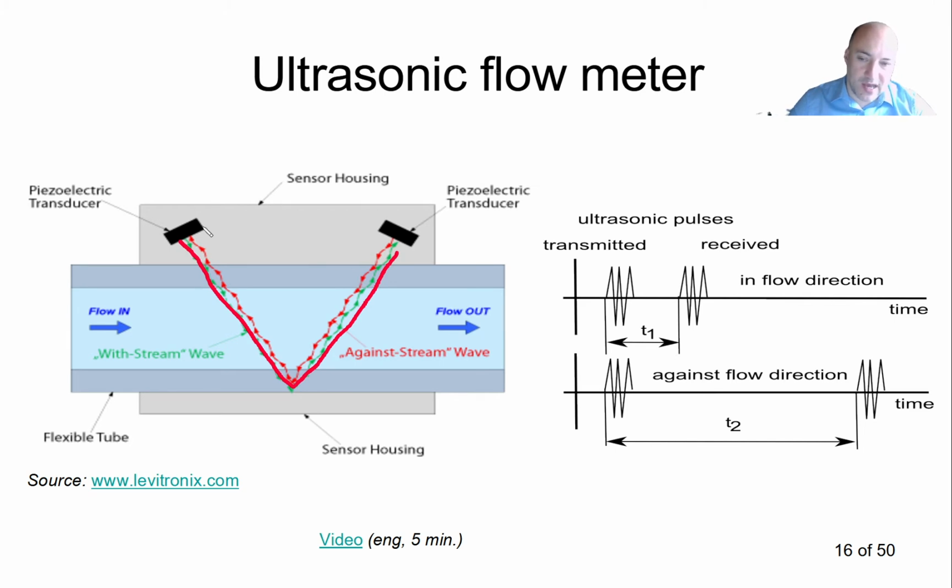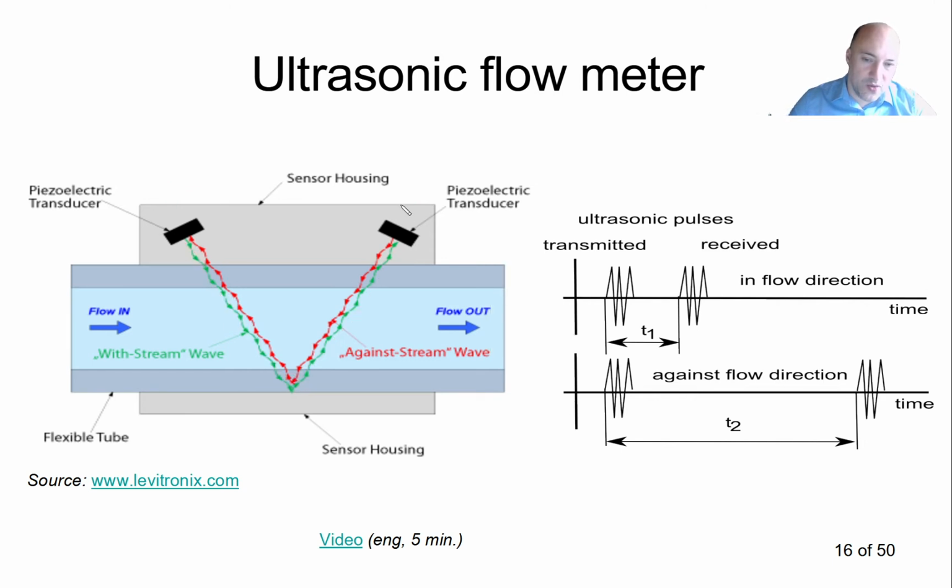So at this time, this number 1 will be a transmitter and this number 2 will be a receiver. It is clear that the time difference between the transmitted pulse and the received pulse will be some function of the velocity.